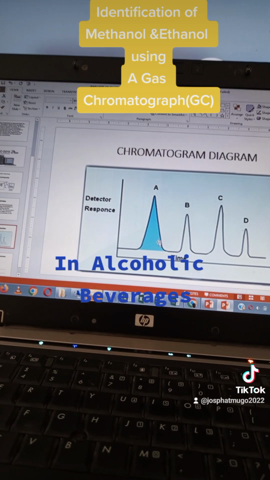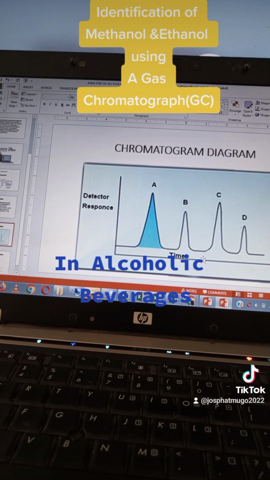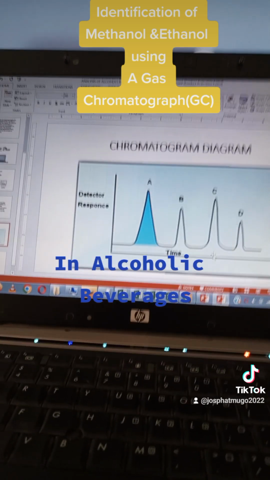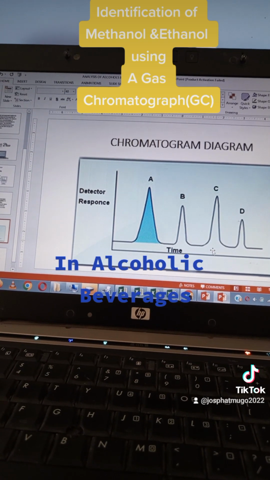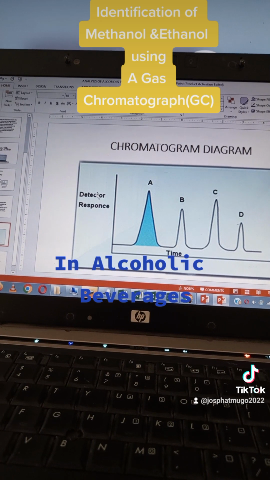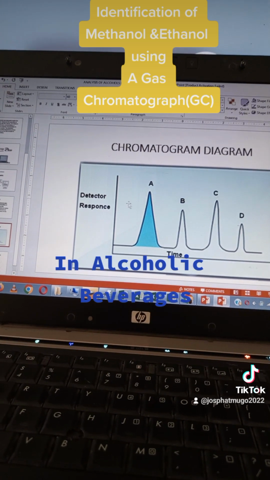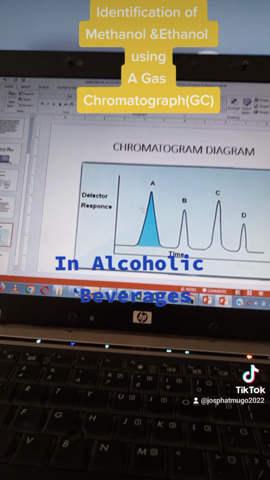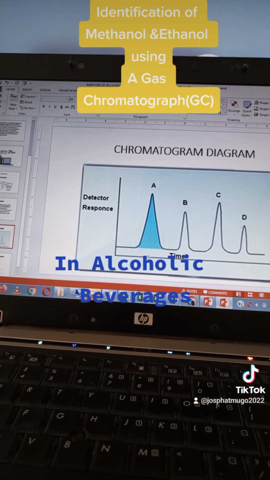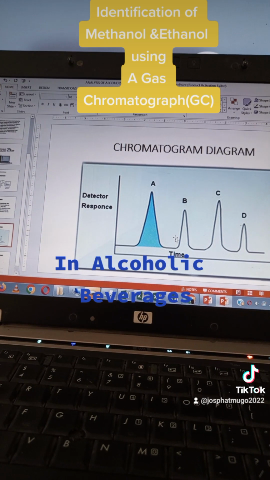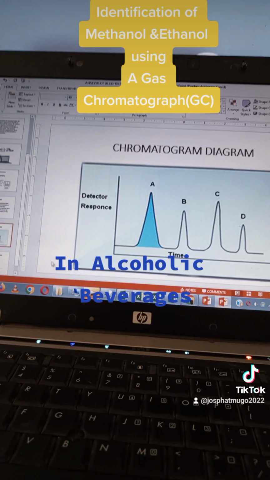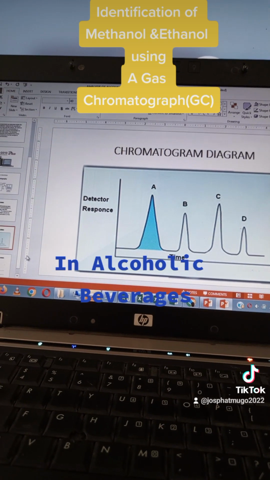So a series of peaks based on the various components of the sample is what we call a chromatogram: a graph showing the detector response in terms of concentration of various components of a sample against the time taken for each component to elute, to come out of the column.